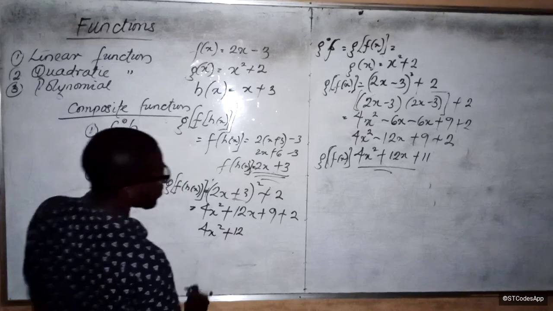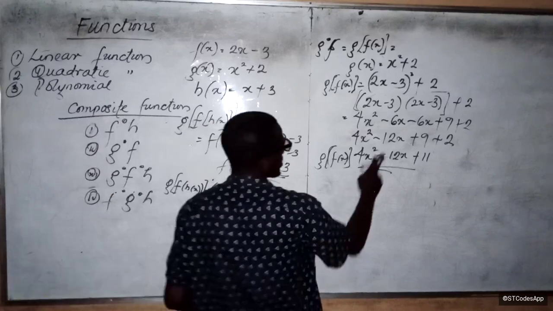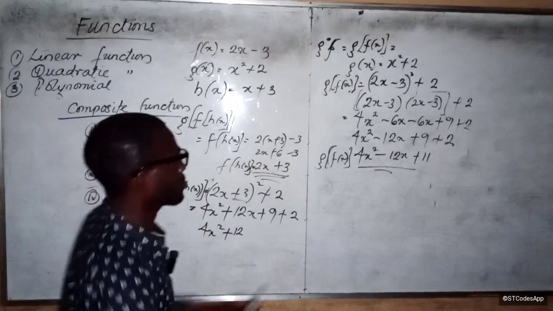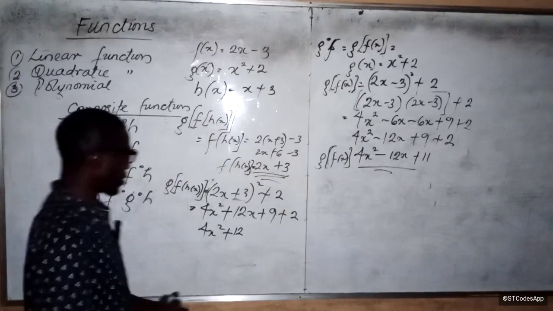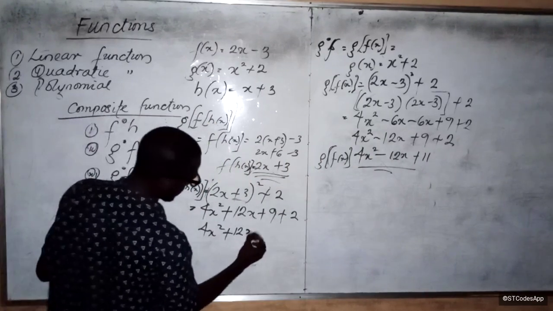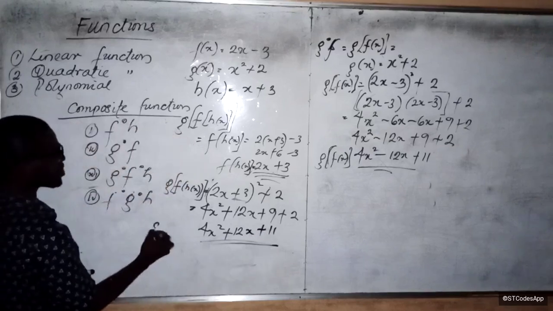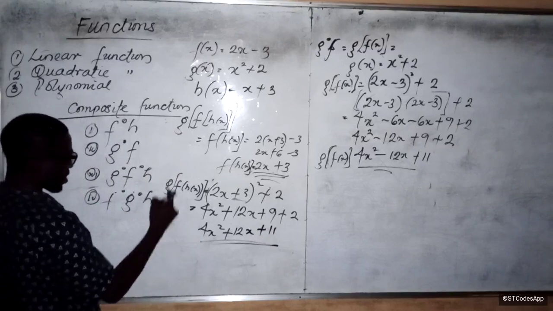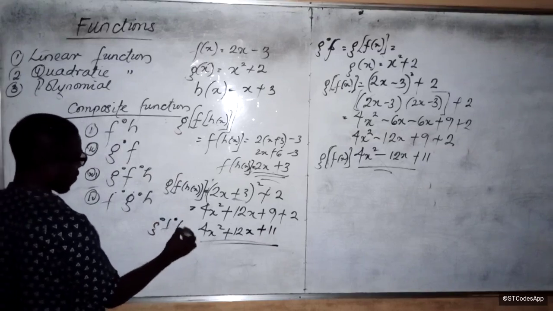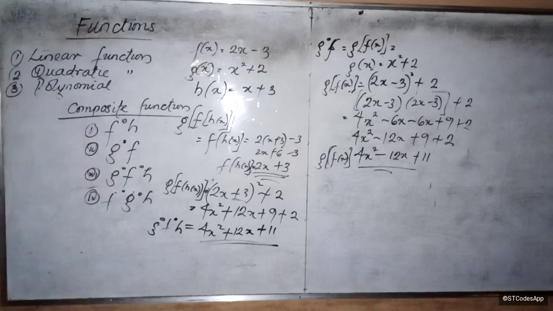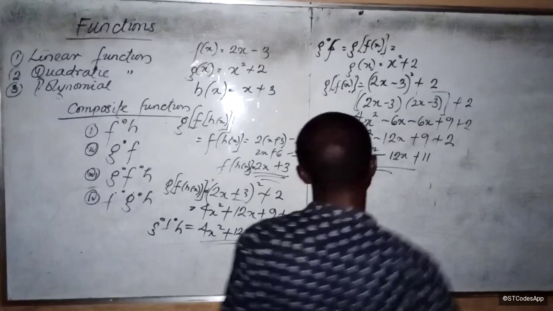Oh, okay, there is a mistake here. This is minus. So minus 12x. All right, so what do we have? We have this plus 11, and that is our g of f of h. It is going to be this quadratic function. All right, let's go for that.